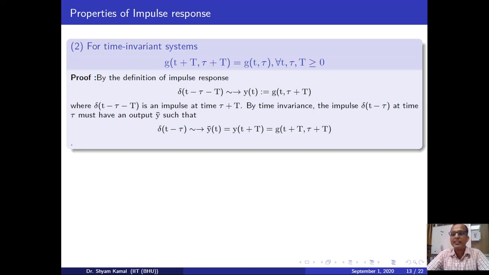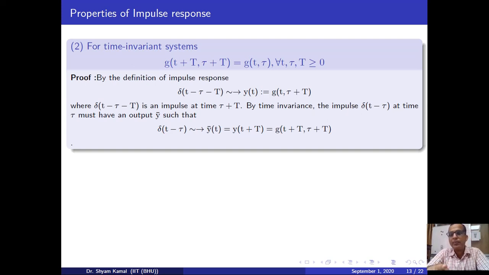So by invariance, the impulse response shifted by t at time tau must be the output y bar. This is coming from the definition, y_tau(t) equal to y(t plus tau), because we have already defined a time invariant system by this.